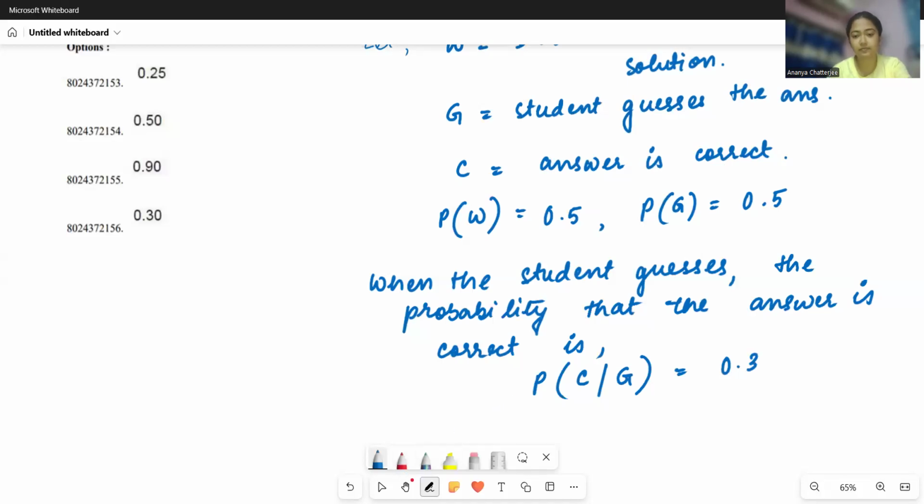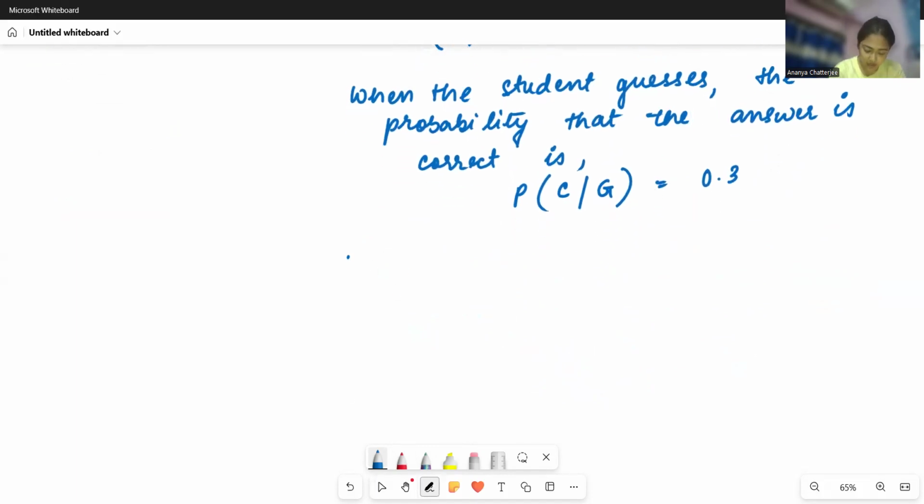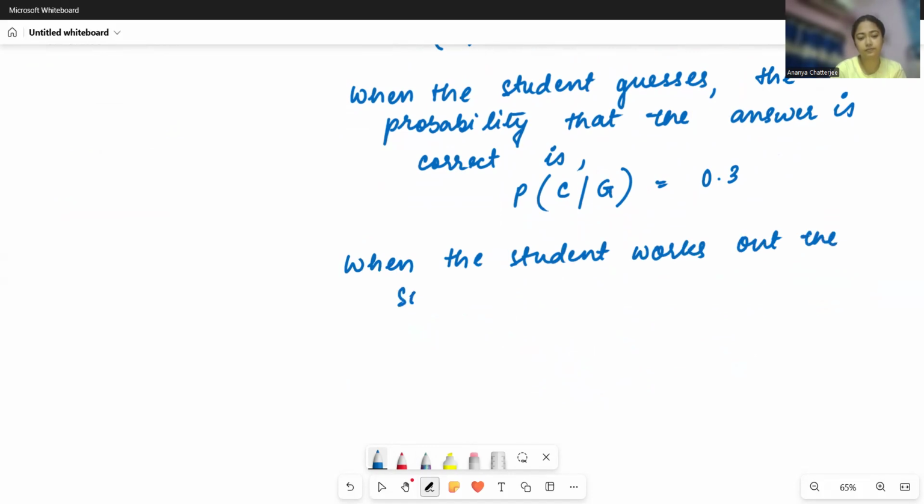Okay. And when the student works out the solution, the probability of getting a correct answer is 1 minus 0.1, where 0.1 is the probability of the answer to be wrong.